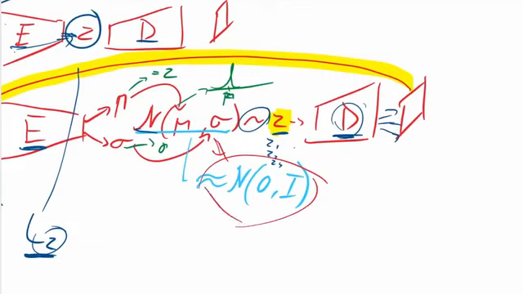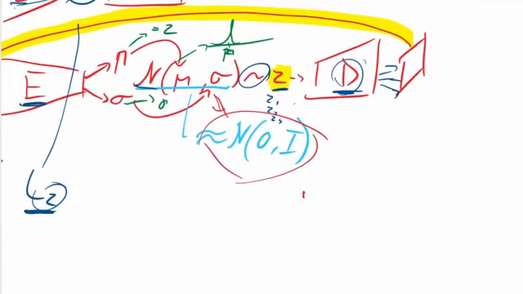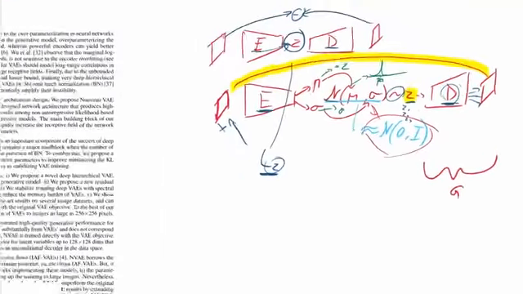Or you can, I guess, learn the prior of your data distribution and so on. And you can just use the generator right here, the generative part. This part right here is your generator in order to produce images. So you can sample from a VAE like you could sample from a GAN.